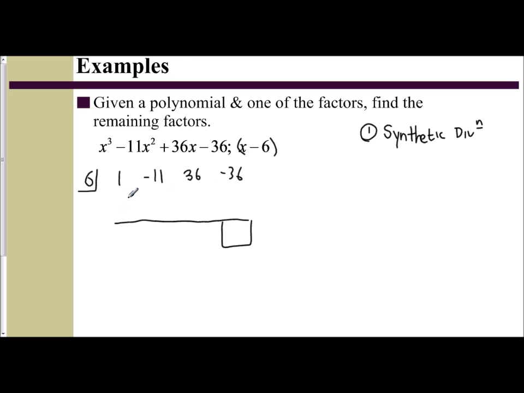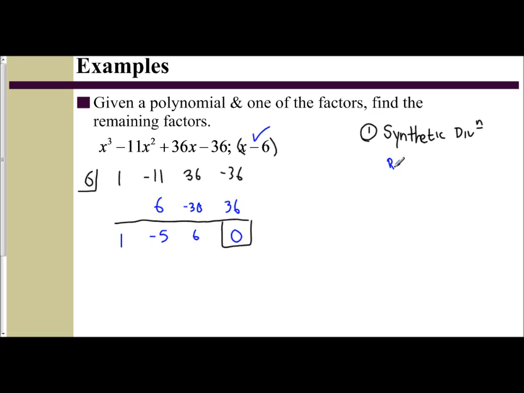We drop down the first term of 1. 6 times 1 is 6. Add vertically, you get negative 5. Take 6 times negative 5 and you get negative 30. Add 36 and negative 30, you get positive 6. 6 times 6 is 36. Add vertically and we get 0, and we should get 0 because we are told x minus 6 is a factor.